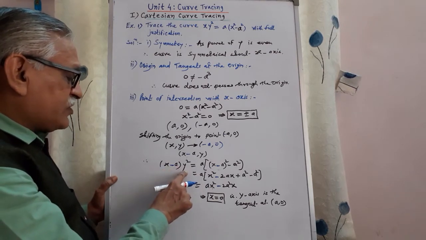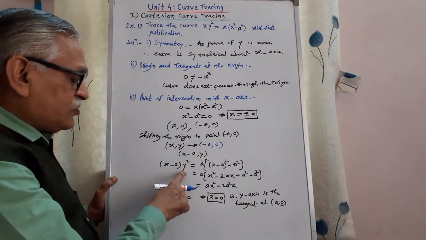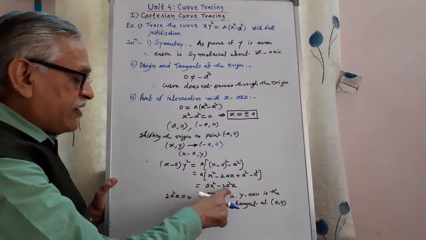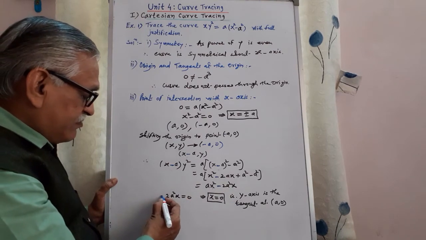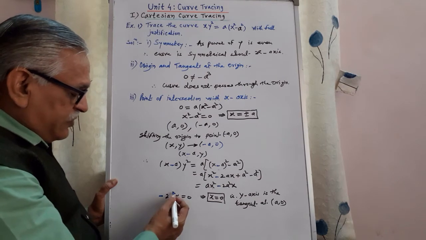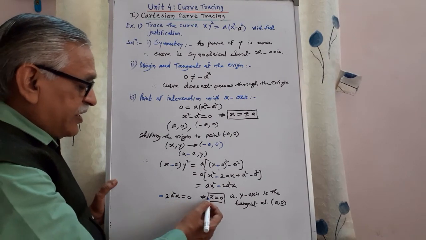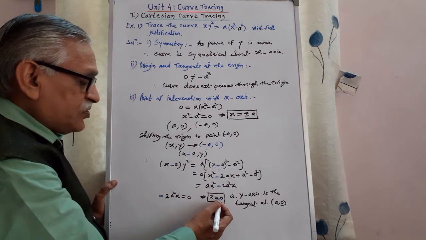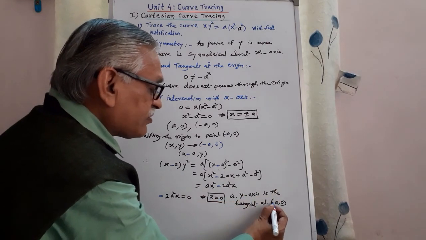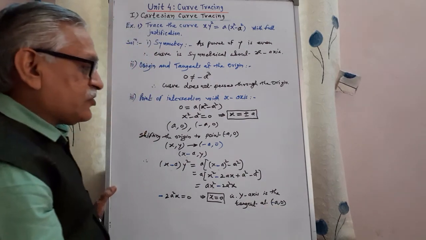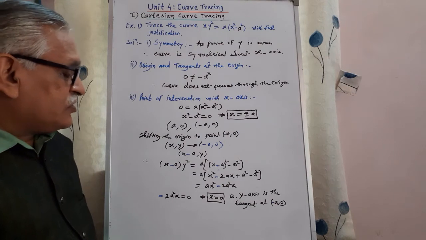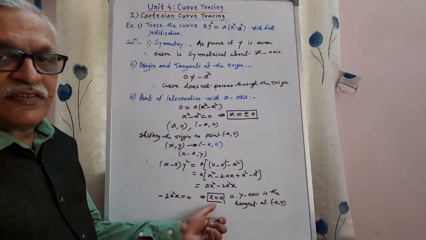Once again, degree for the first is 3, degree for second is 2, degree for third is 2, and the last one is with degree 1. Therefore equating that term, minus 2a square x is equals to 0. Dividing by this, we get x is equals to 0. Once again, y-axis is the tangent at the point minus a0. Means for both the points a0 and minus a0, y-axis is the tangent.